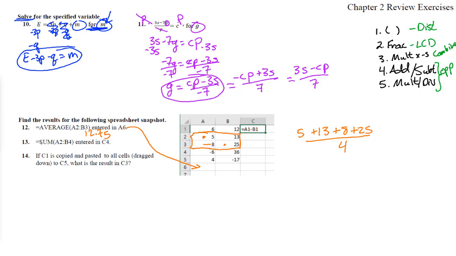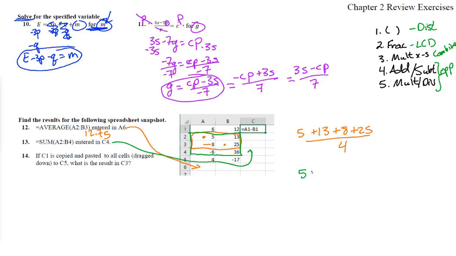All right, number 13, the sum of A2 to B4. So A2 all the way down to B4, and it says to sum that. So if that's entered in C4 right there, we're going to take these 3 and those 3 and sum them up.